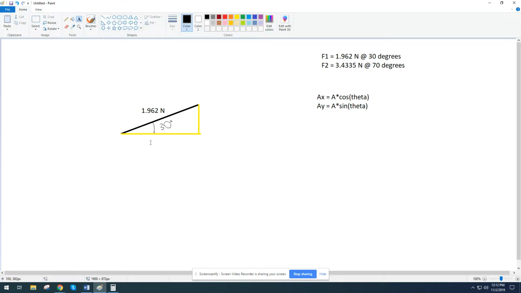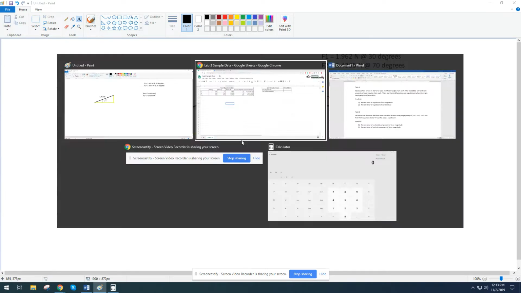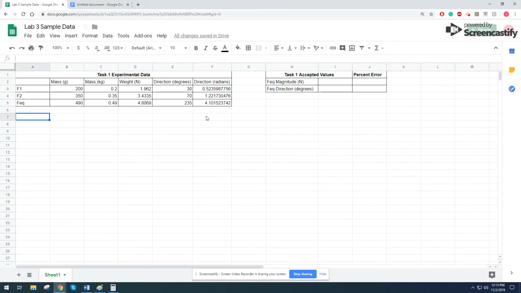So to find this horizontal component, I'm just doing A, which in this case is 1.962 newtons, times cosine of my 30 degrees. And the vertical component is A times sine of this, right? So if I do this, let's do some math over here. So let's say this is all F1 components.